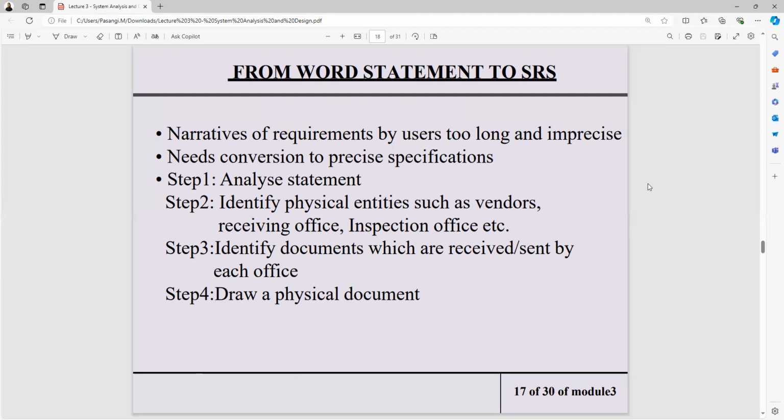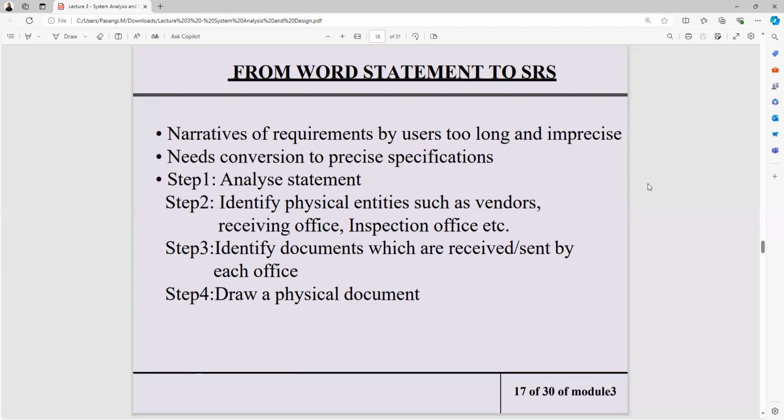So when it comes to going from word statements to SRS documents, first, narratives of requirements by users are too long and imprecise, and we also need conversion to precise specifications. As step one, we need to analyze the statements.